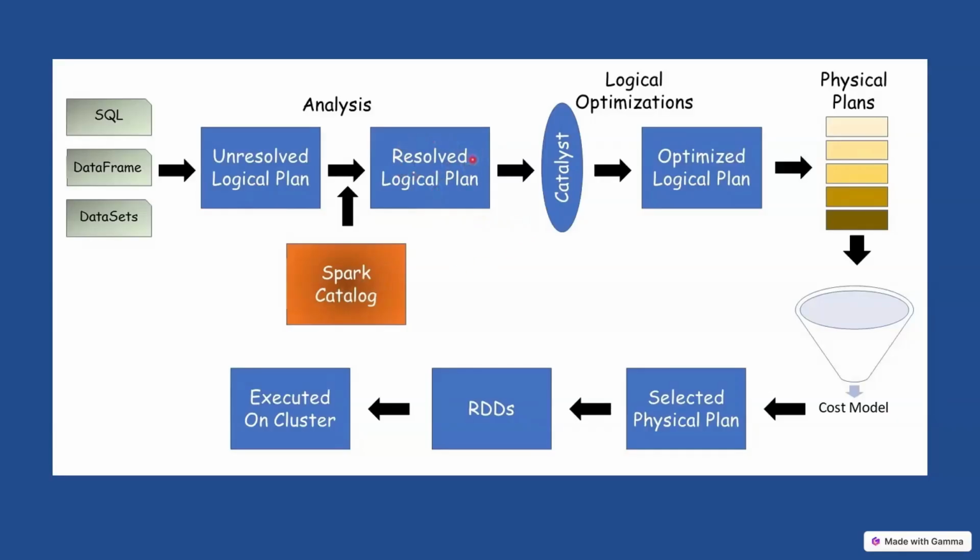Once this plan has been created, then there is the Catalyst. What is the purpose of this Catalyst? Guys, whenever you are running a piece of code, let's say you have one problem, multiple people can solve the same problem in multiple ways. But we generally follow some good patterns.